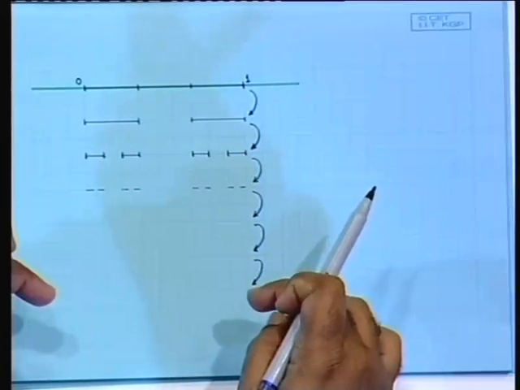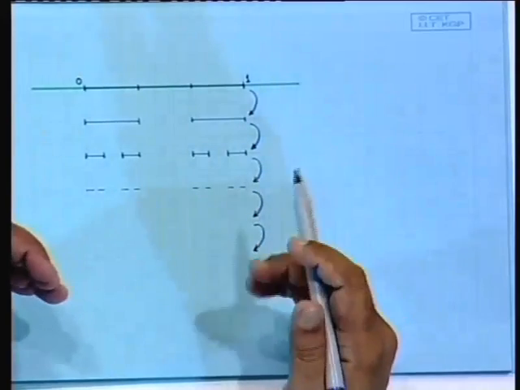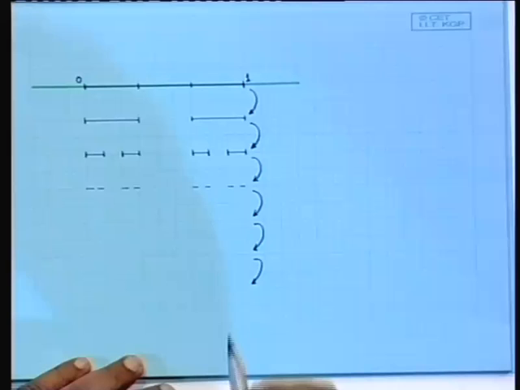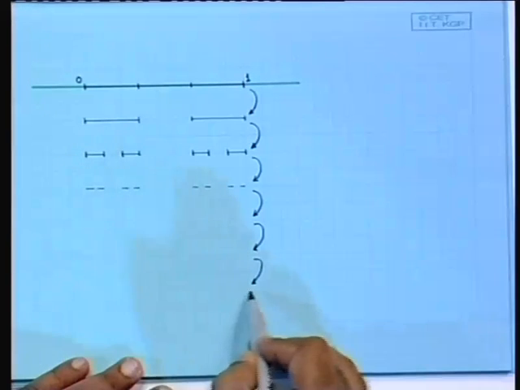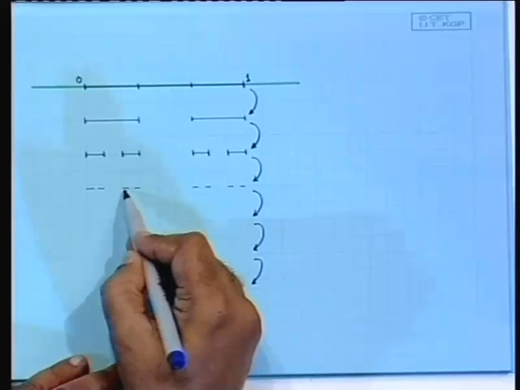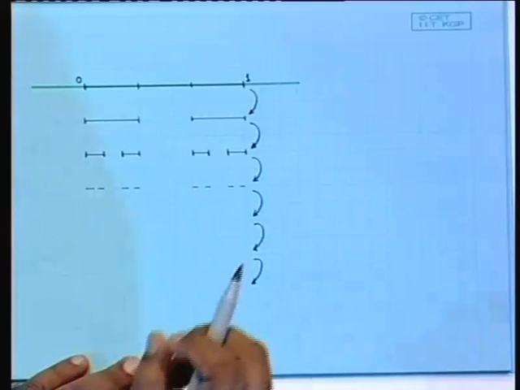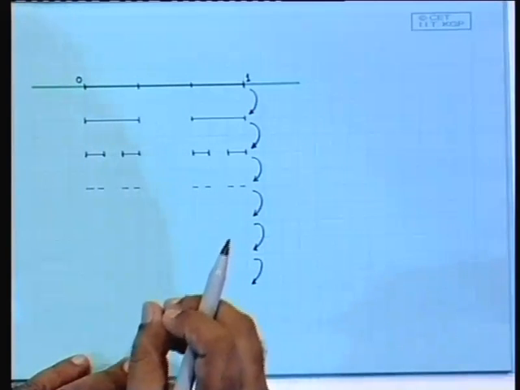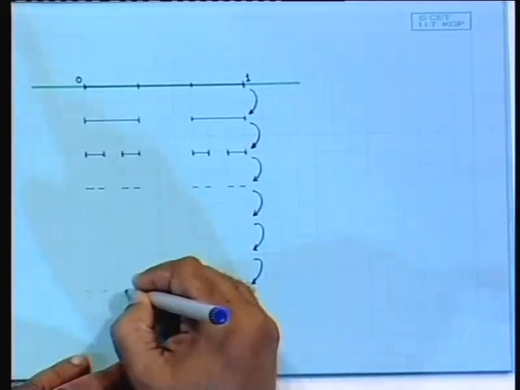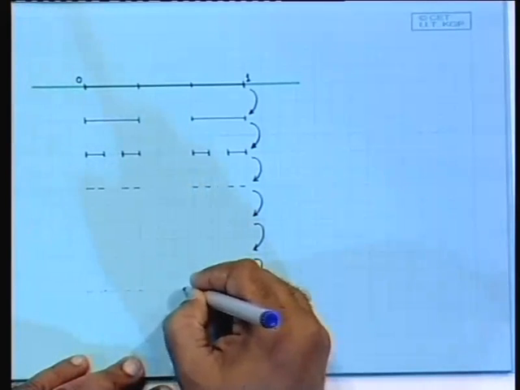Ultimately, when we do this procedure an infinite number of times, what are we left with? We are essentially left with a collection of dots on the real line. Each of these segments will shrink to 0 size or will be subdivided and subdivided and so on and so forth. Finally we will be left with a sprinkle of dots on the real line.